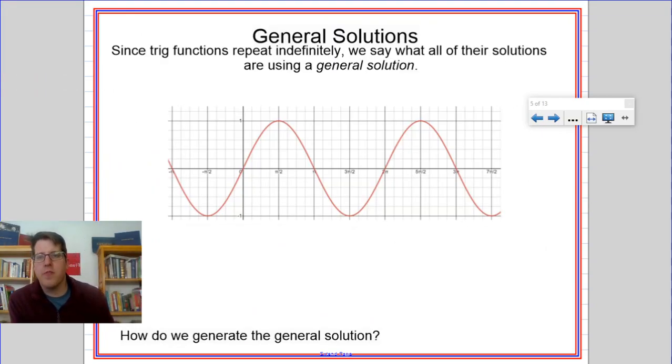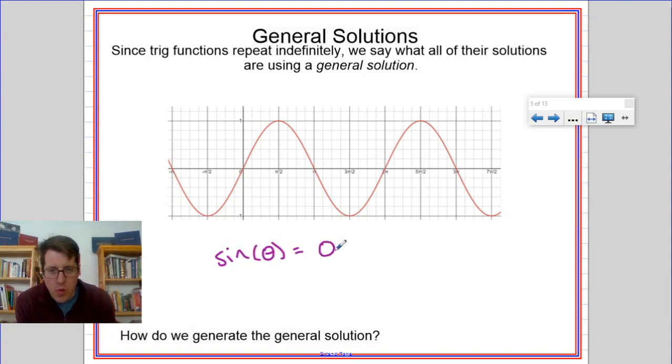Okay, since trig functions repeat indefinitely, we say what all of their solutions are using a general solution. So, if I asked you, hey, when is the sine of theta going to equal 0.1? You would say, well, it'll equal 0.1, here-ish and here-ish.